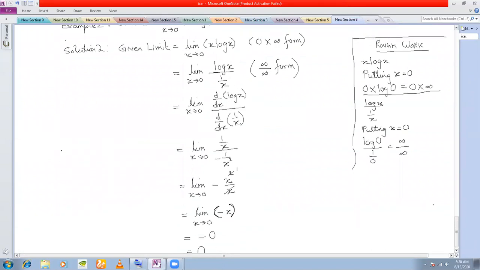Now see, it is not necessary that I differentiate only once. Here I differentiated once, put the value of x, and got the value of the limit. But in certain problems, you will differentiate, simplify, and when you put the value of x in this step, it might again come to an indeterminate form.